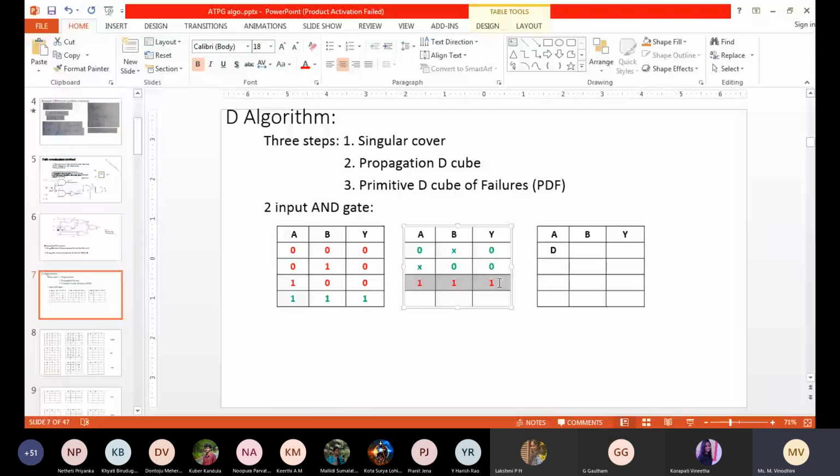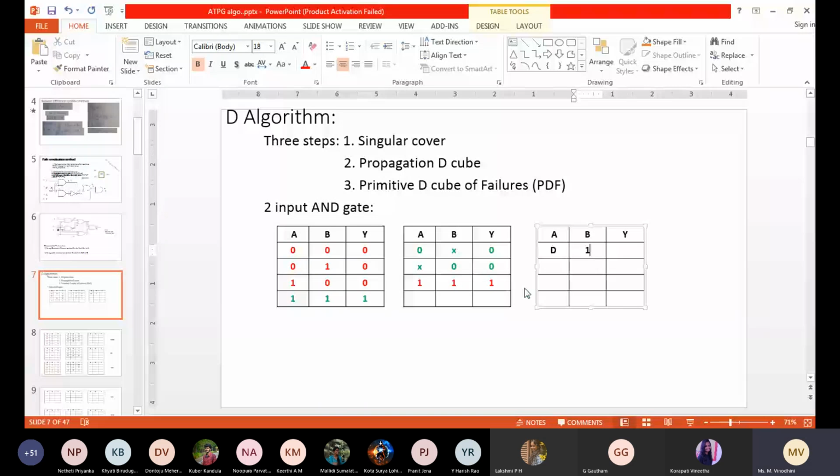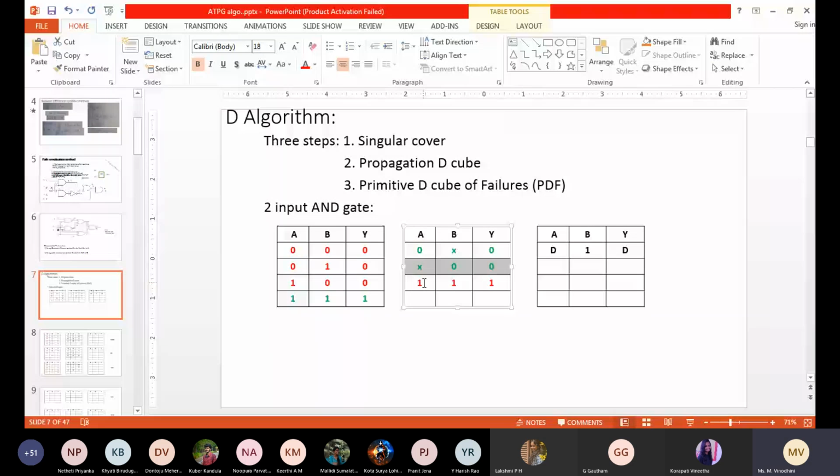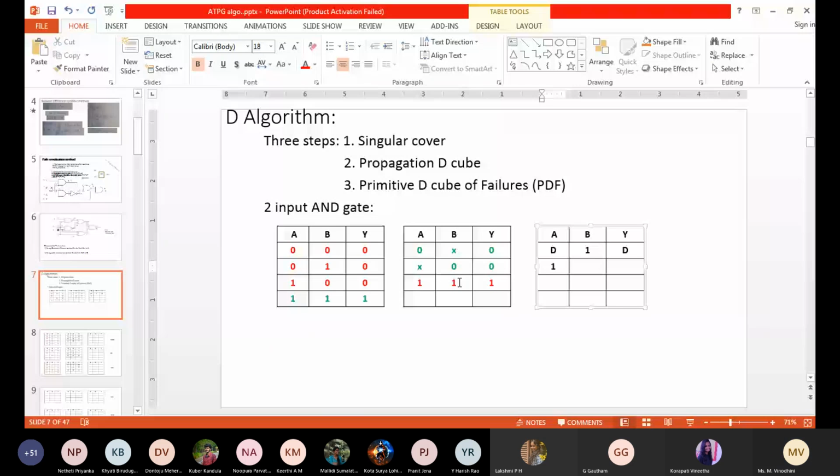So 1/0 is D. 1/X, I need to consider it as 1. 1/0 as D. First row and third row is done. Now third row you compare it with the second one. 1/X will be 1. 1/0 is D. And 1/0 is D.